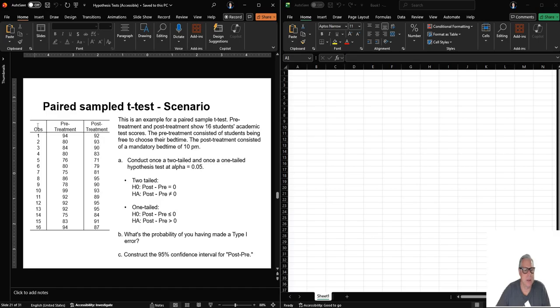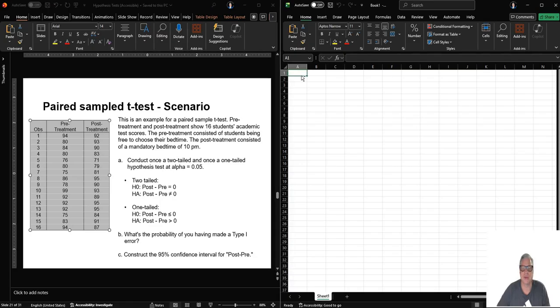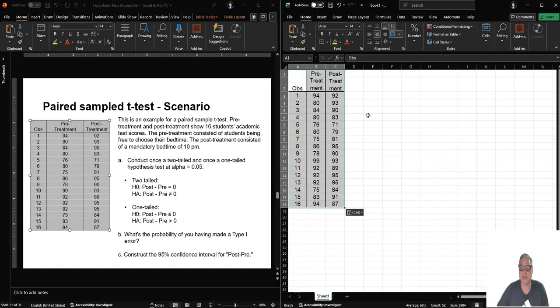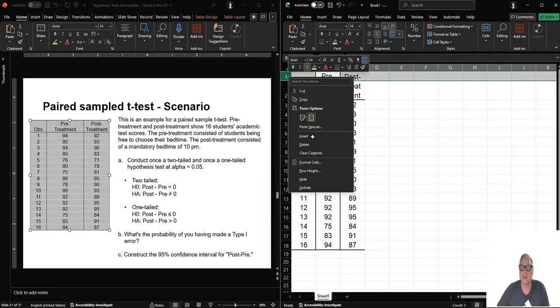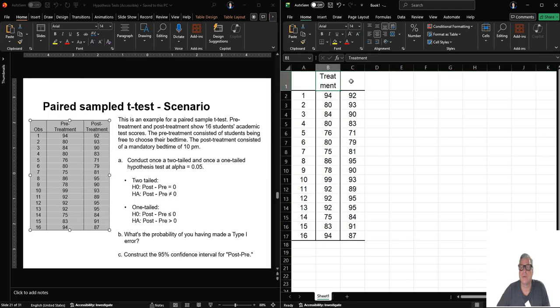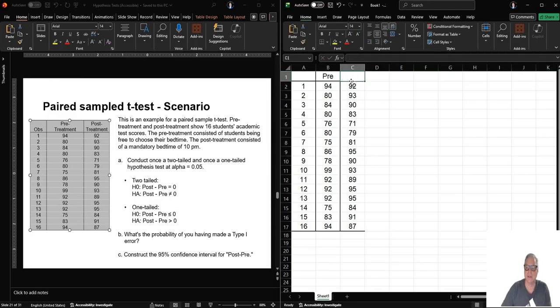So let me copy this one into Excel. Those are our 16 observations. Let's put them here. The first one was the pre, and the second one is the post. I'll keep it a little bit shorter.